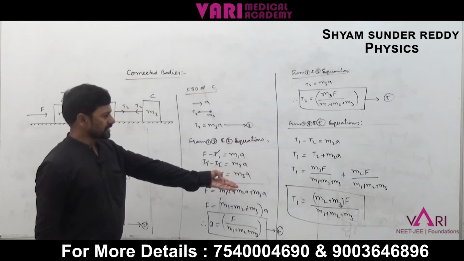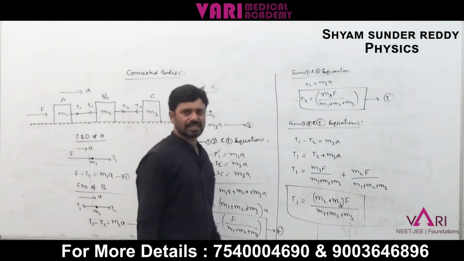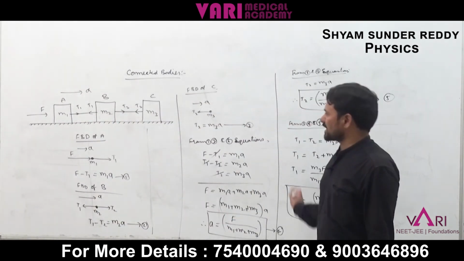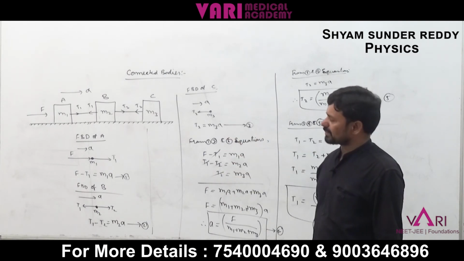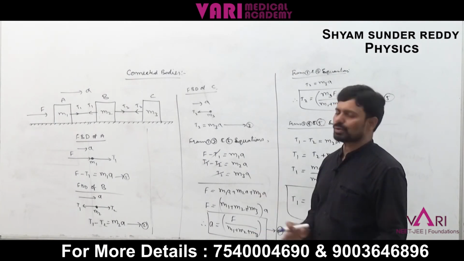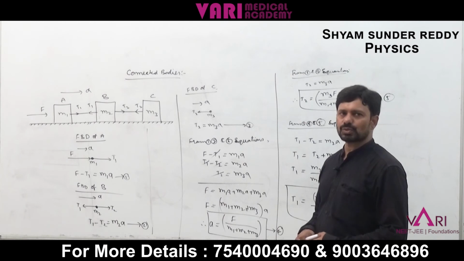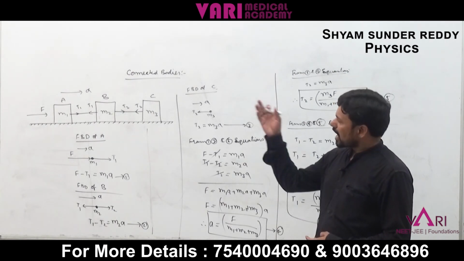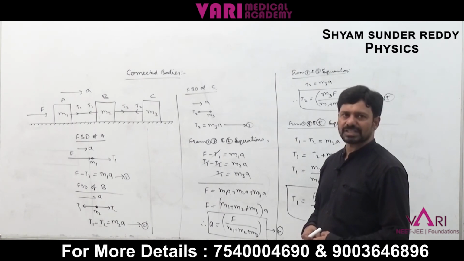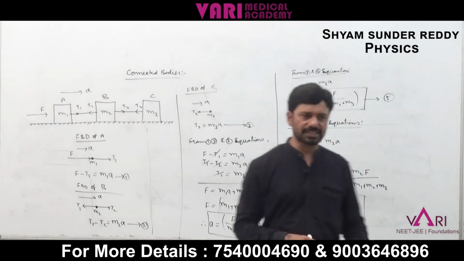Yeah, we have T1, T2, as well as acceleration. From this concept, we need to do the problems also. Suppose M1 is equal to 1 kg, M2 is equal to 8 kgs, M3 is equal to 27 kgs. Then applied force is 36 newtons. So what is the acceleration? What are the T1, T2 tensions?